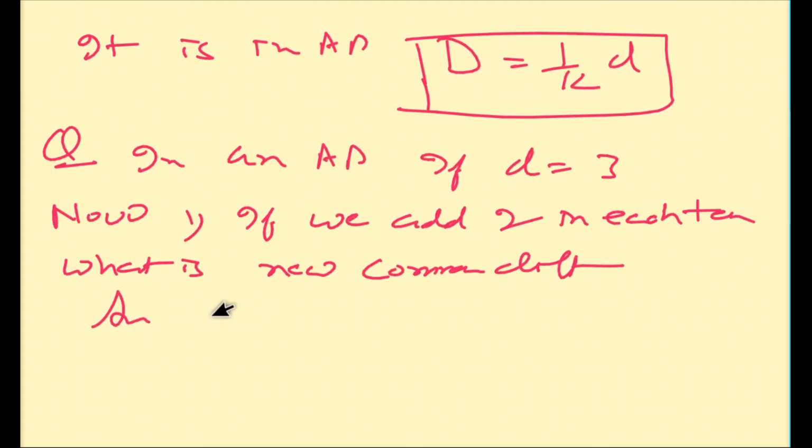The answer is d equals d, that is 3. In adding, the common difference has no change, since we know that in adding the common difference remains unchanged.